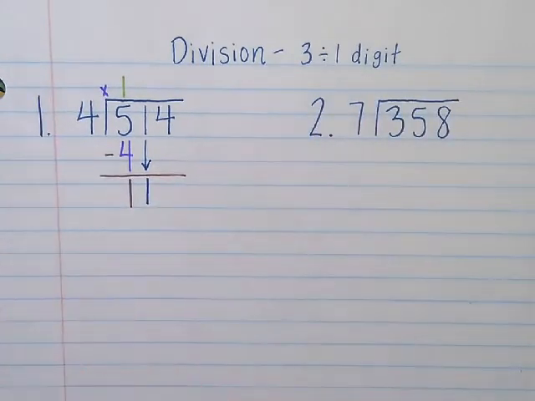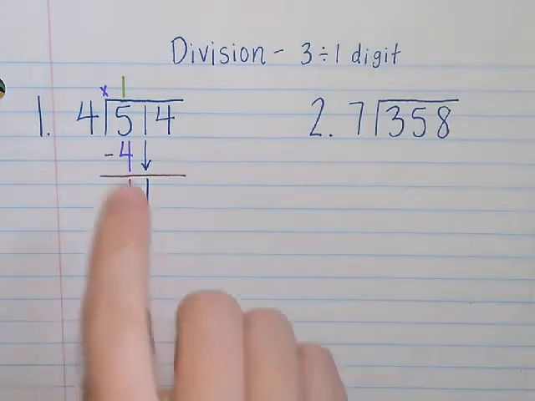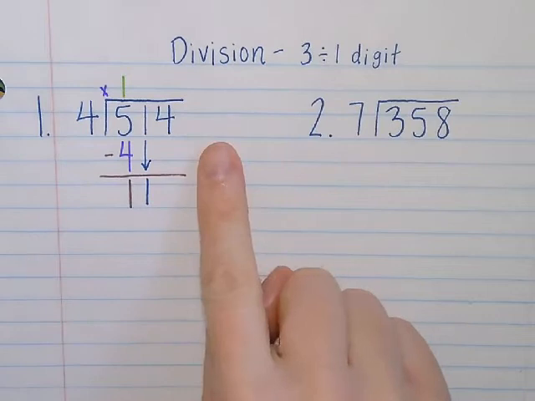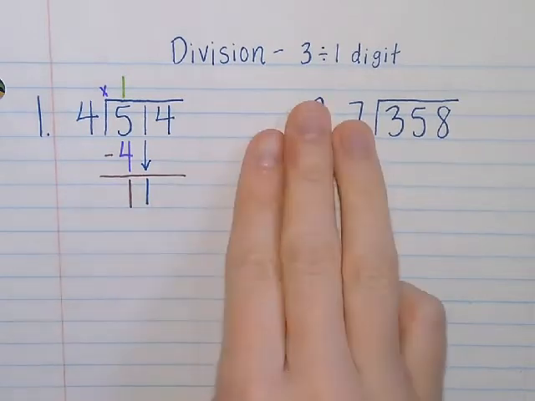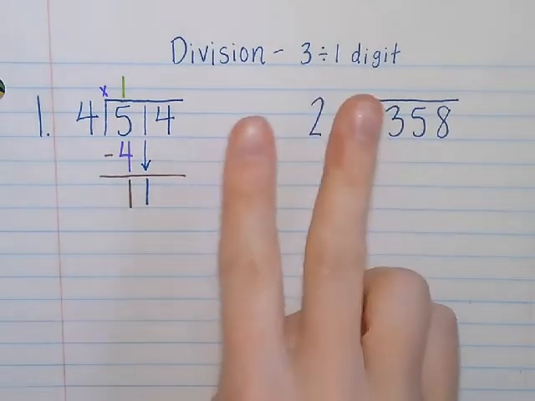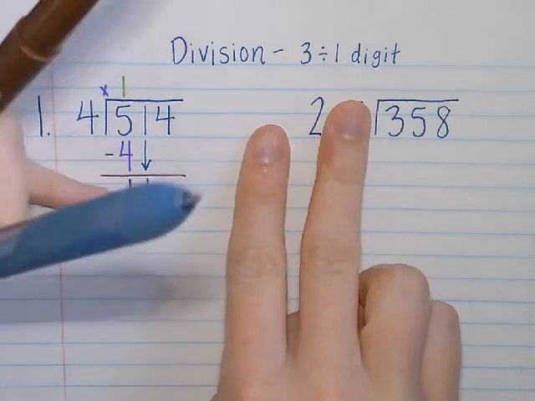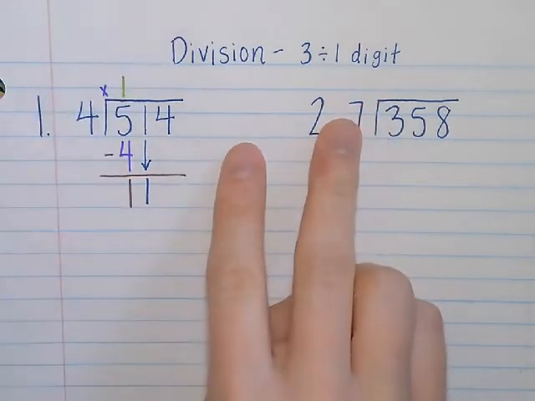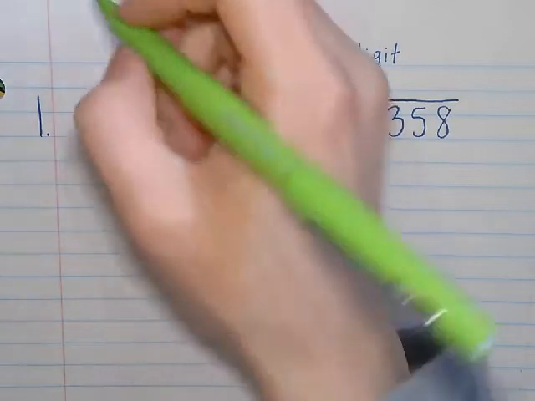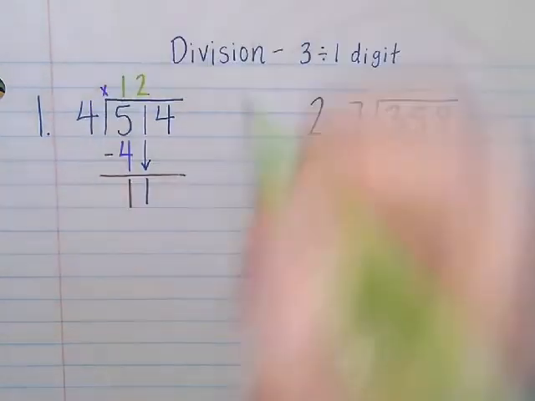So now I need to figure out how many times 4 can go into 11. I can count by 4s, 4, 8, 12. 12 is too many, so I go back 1. 4 can go into 11 2 times evenly, so that 2 goes right above the 11.